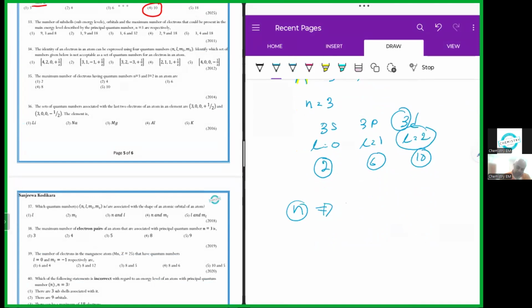So n is equal to 1 means first period in the periodic table. N is equal to 2 means second period. N is equal to 3 means third period.